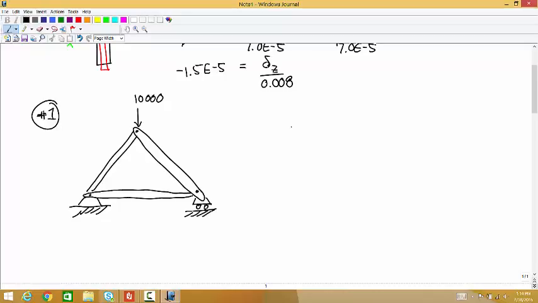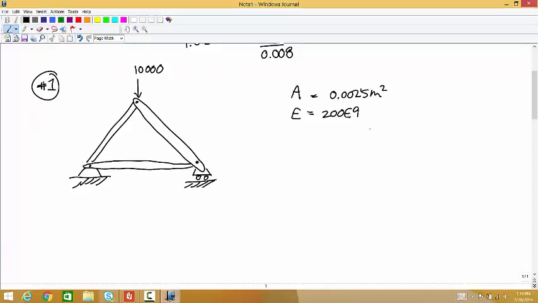Each member has a cross-sectional area of 0.0025 meters squared. And the Young's modulus is 200 times 10 to the 9th pascals. And nu is 0.3. So what material is that? Steel. That's steel, yep.